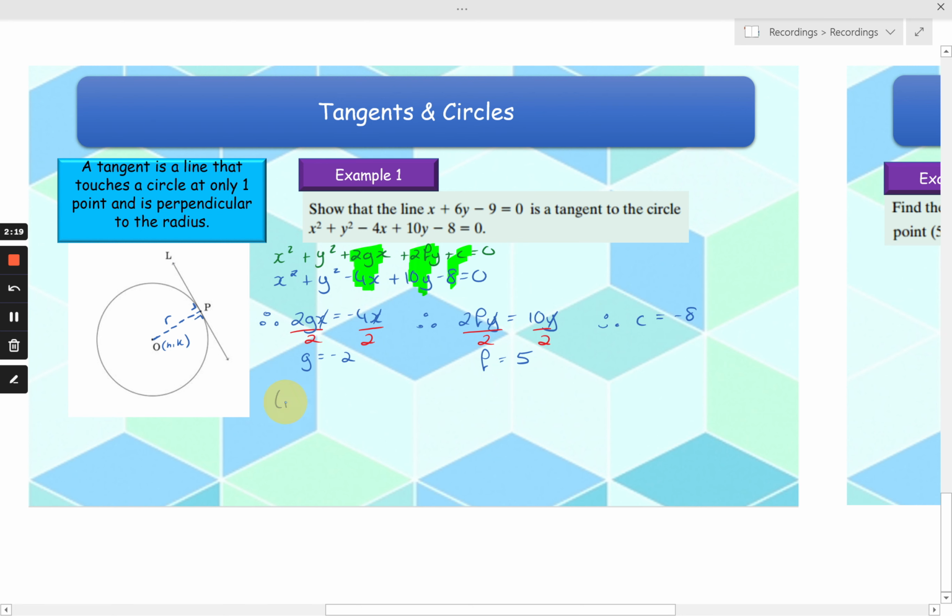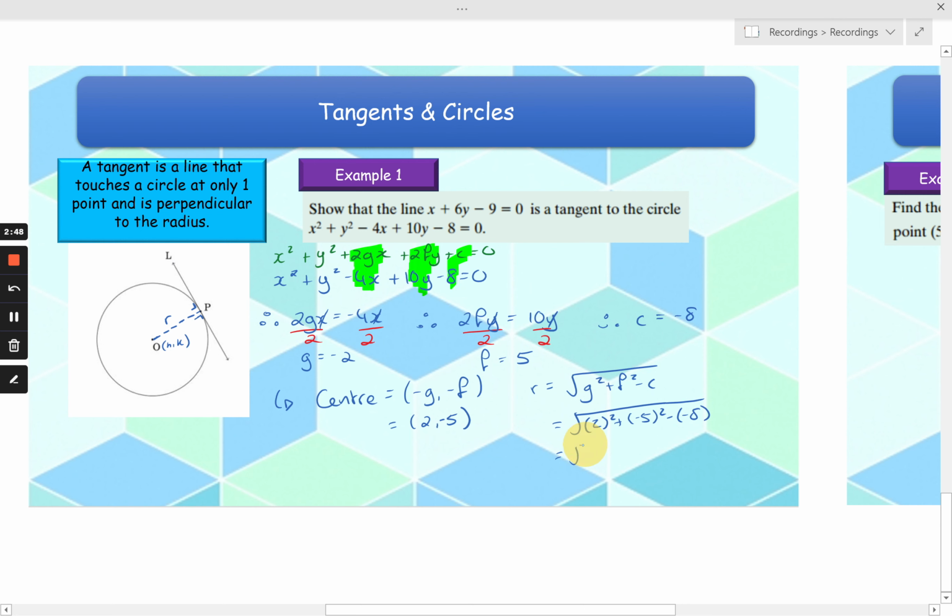So now, using our formula again from page 19, I can see that the centre, which has the formula minus g, minus f, would give me, minus by minus makes a plus 2, and a minus by 5 gives me a minus 5. Then I can find my radius using the formula the square root of g squared plus f squared minus c. So I get the square root of 2 squared plus minus 5 squared minus by minus 8.